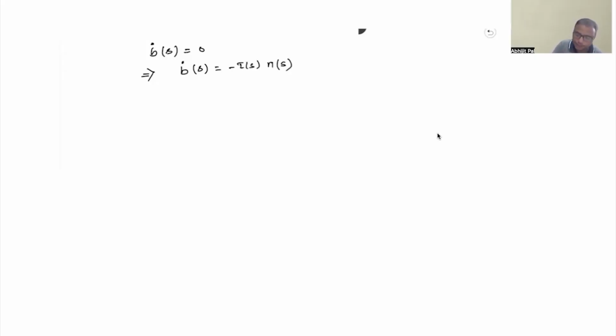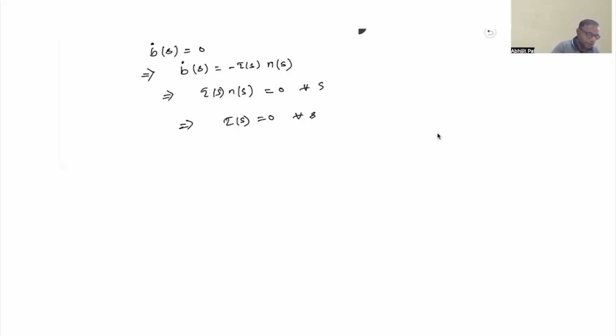So B dot (s) is equal to 0, therefore this is equal to 0. N is the unit normal vector, and this is true for all s. So this implies that tau(s) is equal to 0 for all s. Okay, so we have shown that if the curve lies in a plane, then the torsion is equal to 0.